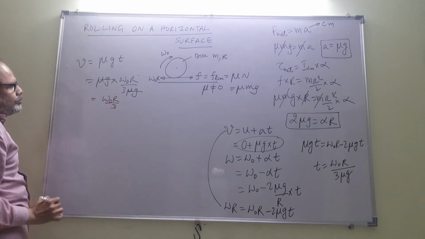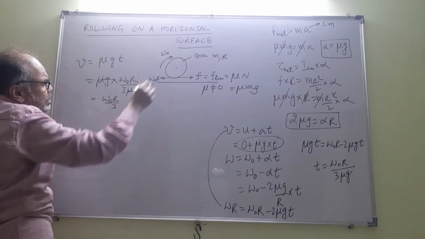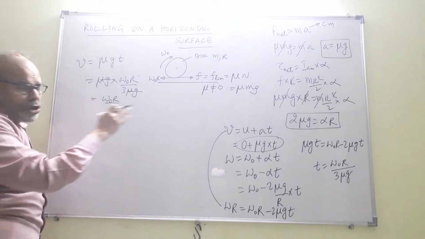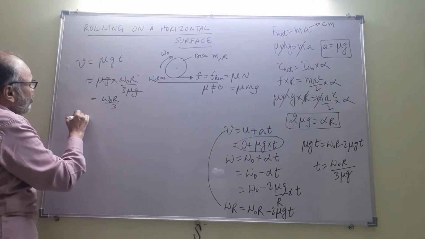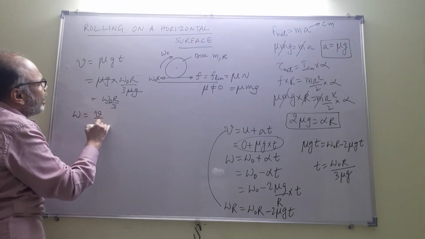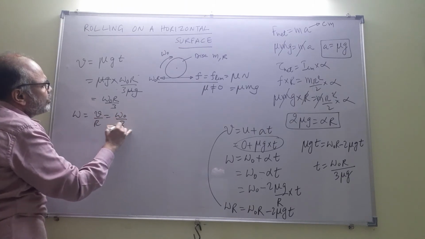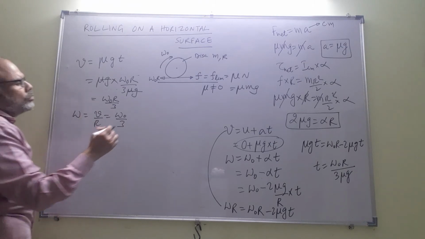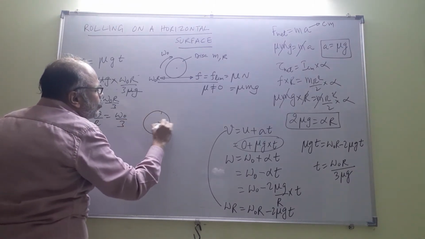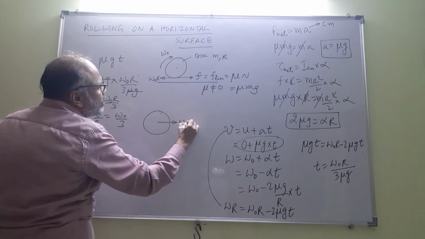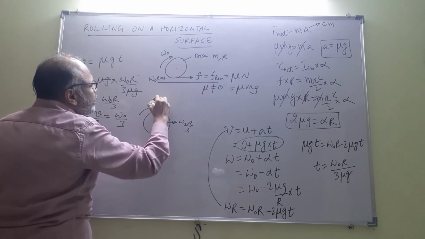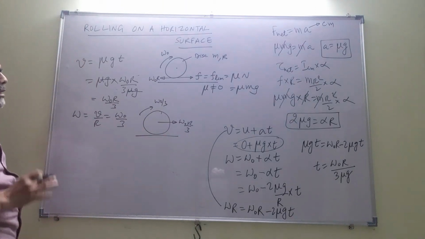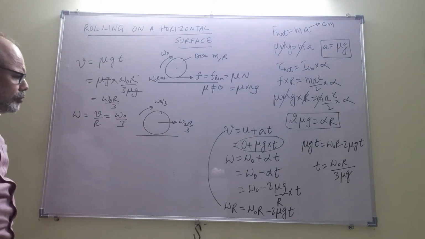That will be the velocity once pure rolling starts. After that, this velocity will remain constant. Similarly, the omega that will be attained is V by R, which is omega naught by 3. So the disk will now move at omega naught r by 3 and rotate at omega naught by 3 forever and ever. That is the ideal situation.